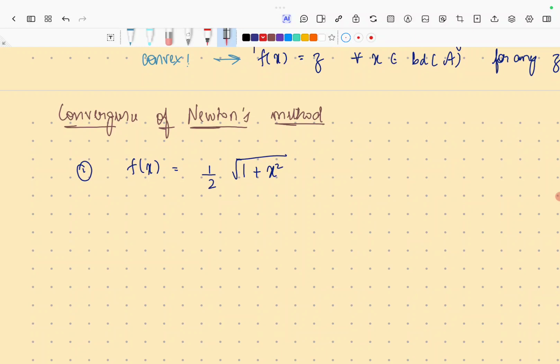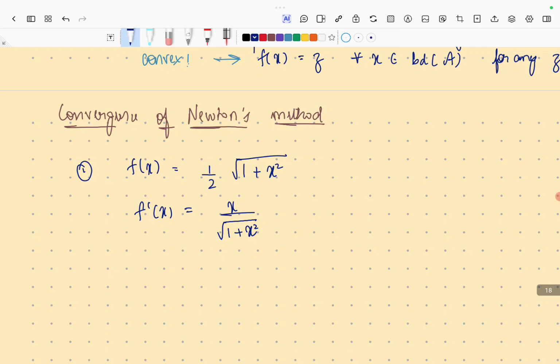So let's do the following example. Let's take f of x equal to half square root of 1 plus x square. And first, we need the first and second order derivatives. What is the first derivative equal to? It's x by square root of 1 plus x square.